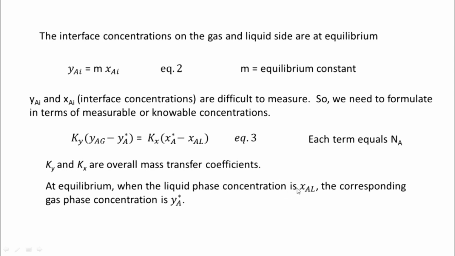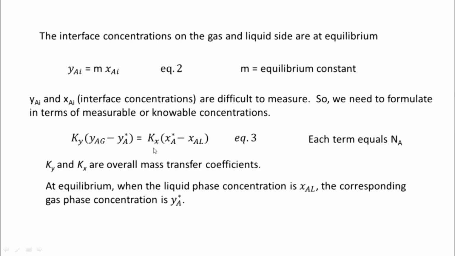At equilibrium, when the liquid phase concentration is XAL, the corresponding gas phase concentration is Ya star. So we have replaced these individual side mass transfer coefficients with an overall mass transfer coefficient and measurable or knowable quantities such as the equilibrium value.